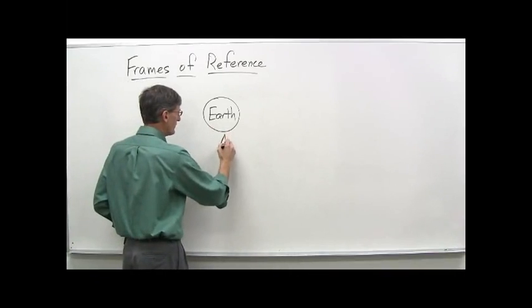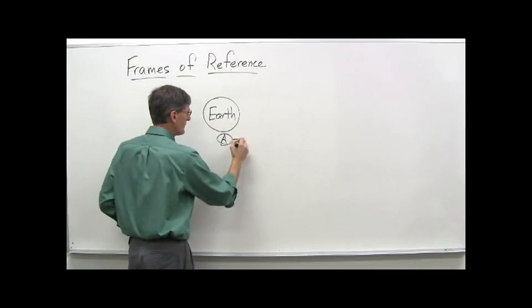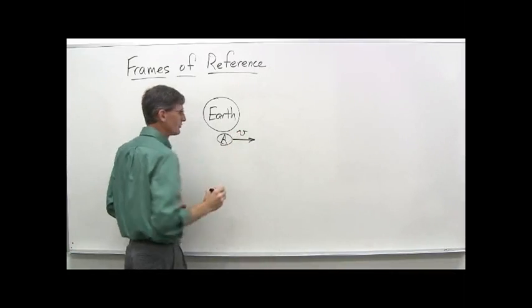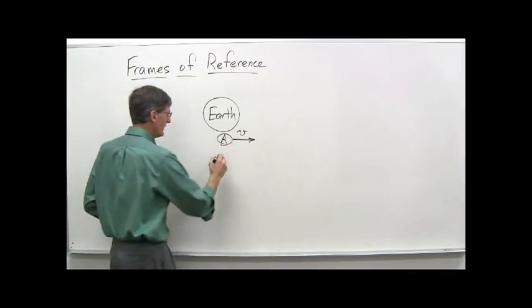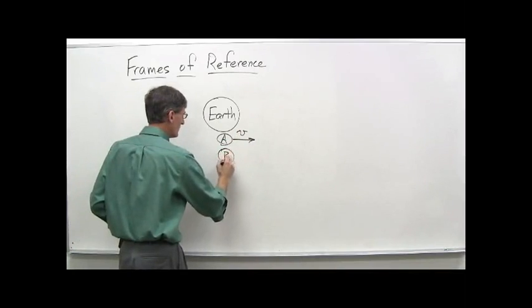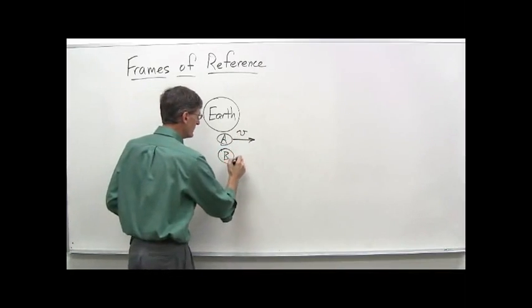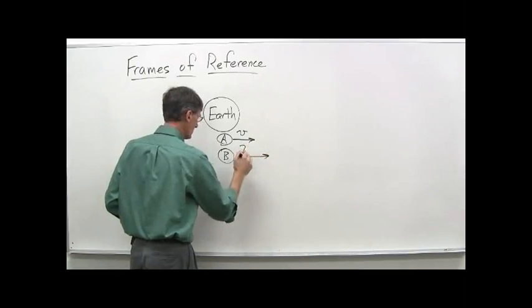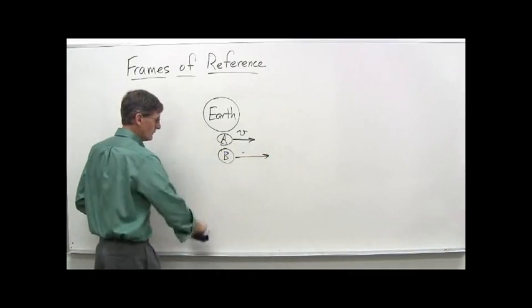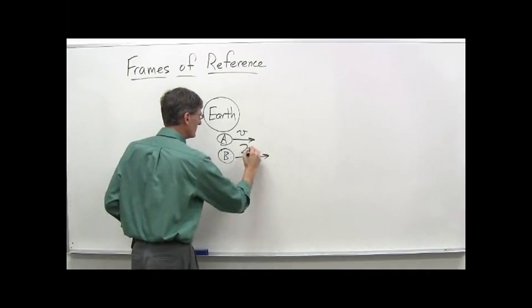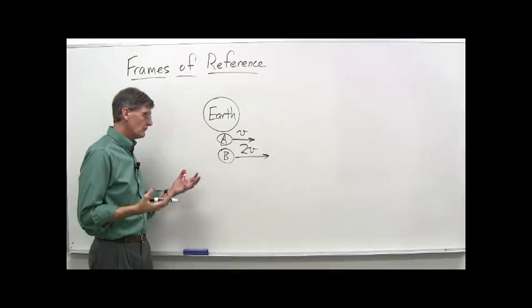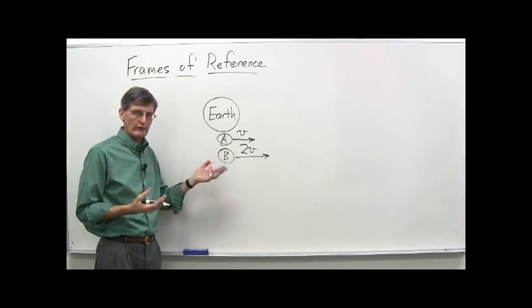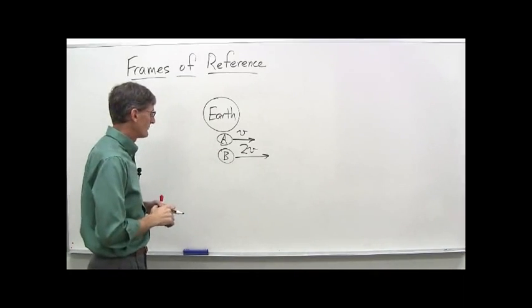So here is Alice in her spaceship, going with velocity v, and here's Bob in his spaceship, going with velocity 2v. Whatever the velocity is, Bob is going twice as fast as Alice.